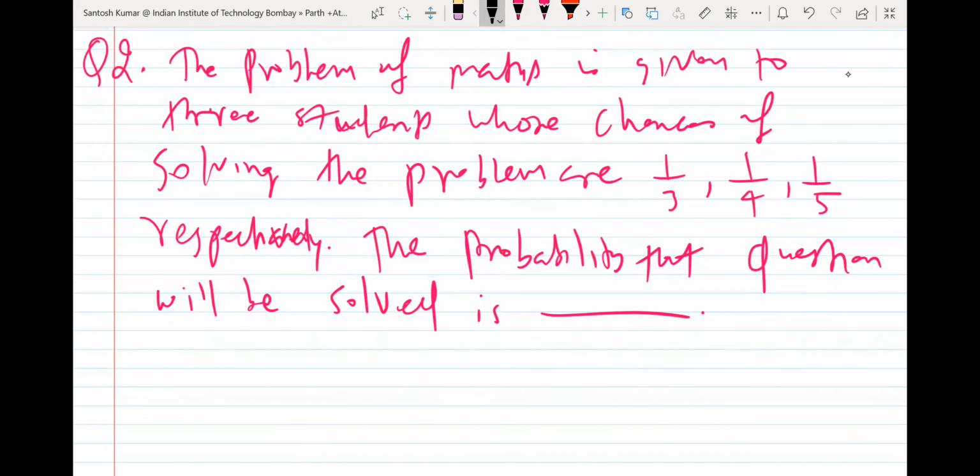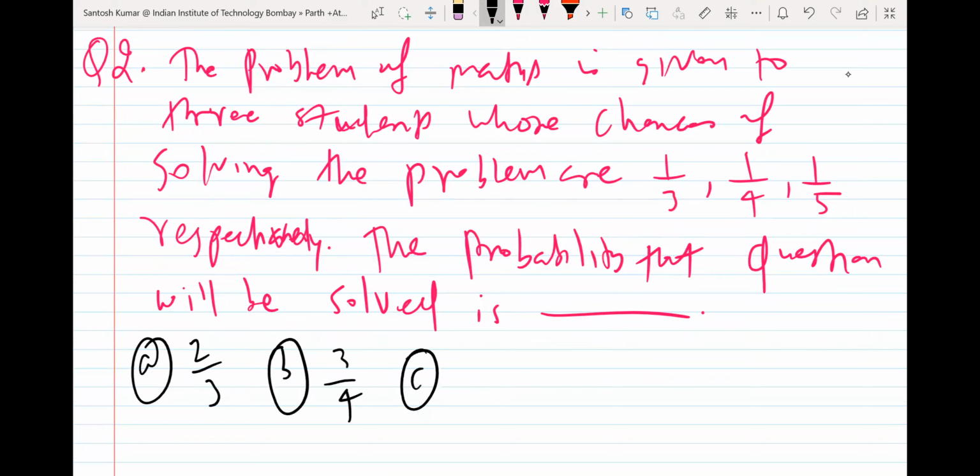You have 3 students solving, so obviously they will be solving independently. The options are 2/3, 3/4, 4/5, and 3/5.